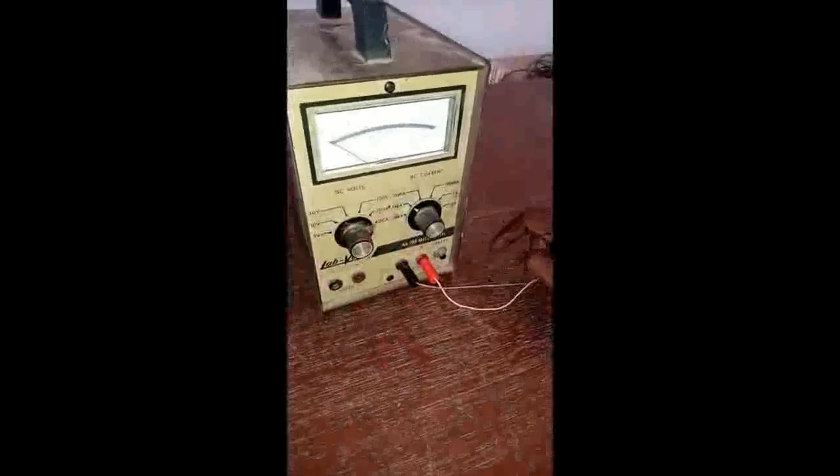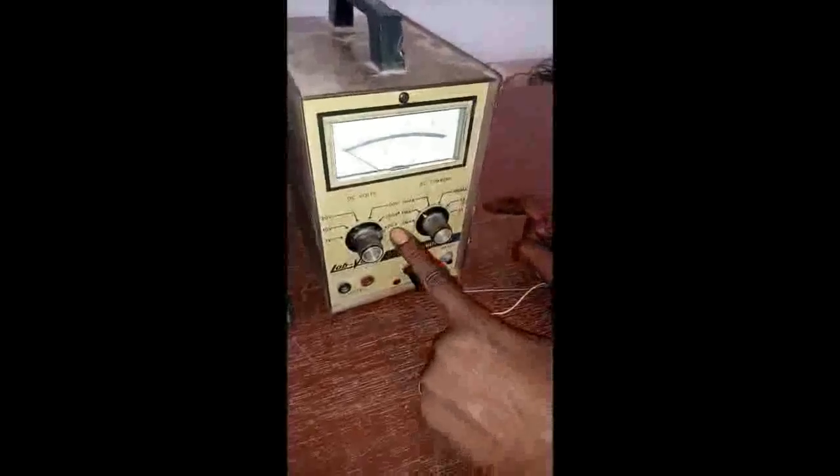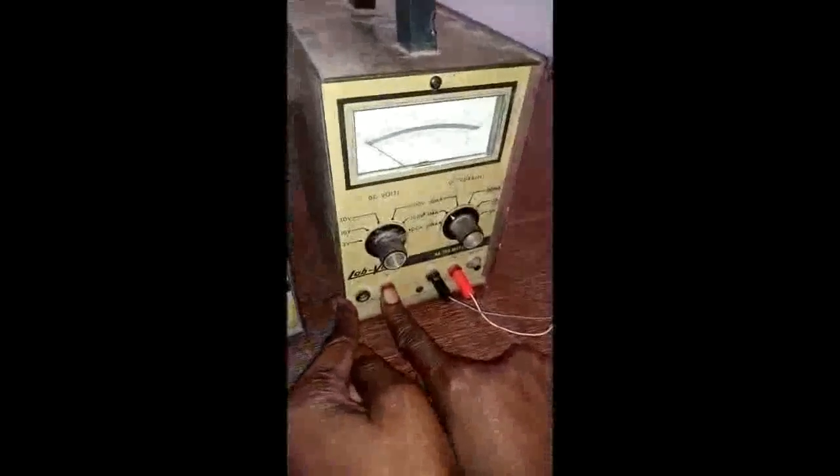Wherever position you may find it, just vary it to DCA. It is then you are now telling this instrument, hey, I want you to read current for me, not just voltage anymore. So once you put it here, and you have your connecting wire connected here, it will just be looking at you, it will never work.